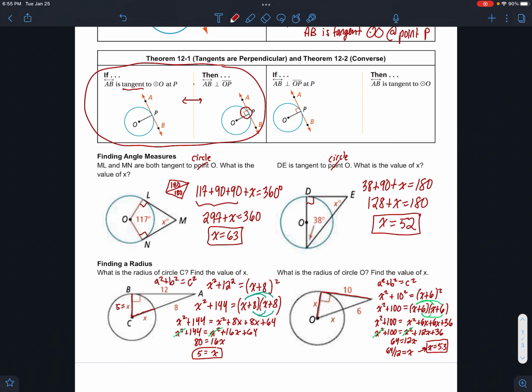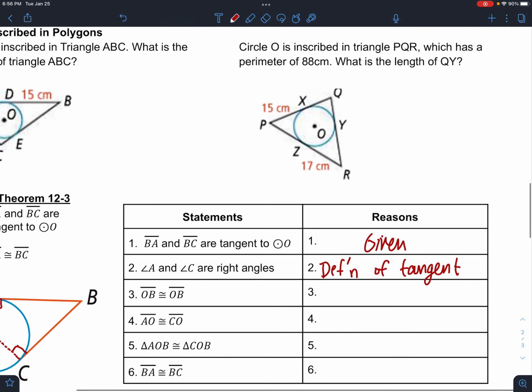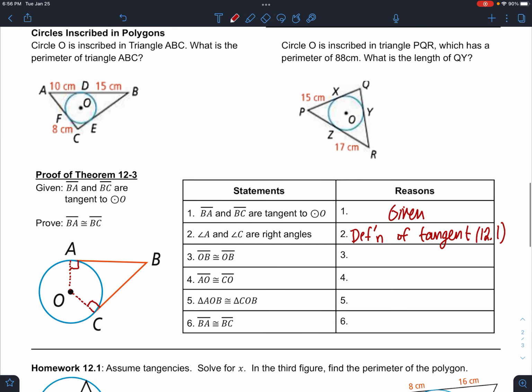Because we have that it's tangent, and we want to show that it's a right angle. So that's exactly what theorem 12.1 gives us. Okay, but I'm okay there with like definition of tangent. I don't know if we're going to do proofs on the test or not. They're not going to be crazy if there are. So don't worry too much about citing all the special numbers and everything. They're more just for like inside the lesson, so we know what we're talking about.